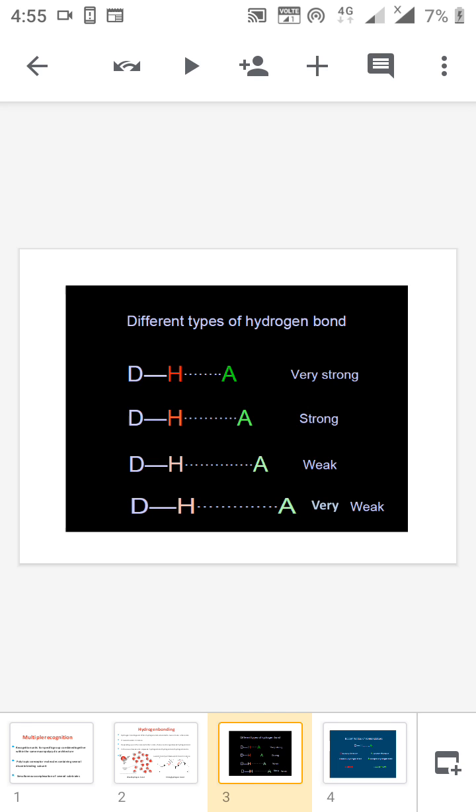When we move into the weak, the bond length increases again, and coming to the very weak bond, the bond length increases further. But in the case of the covalent bond, the DH bond is the same here, while the interaction of the hydrogen and acceptor decreases as we move from very strong to very weak.